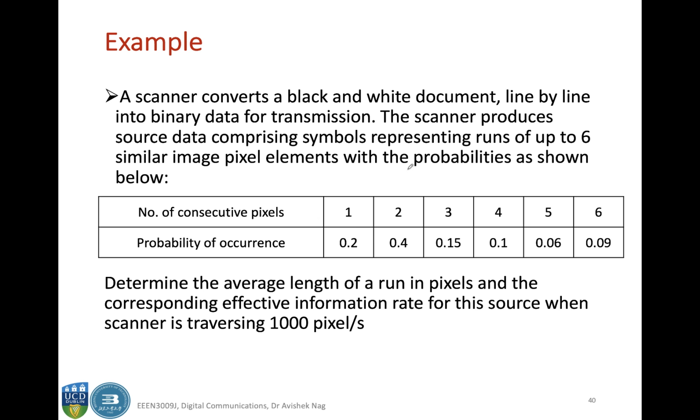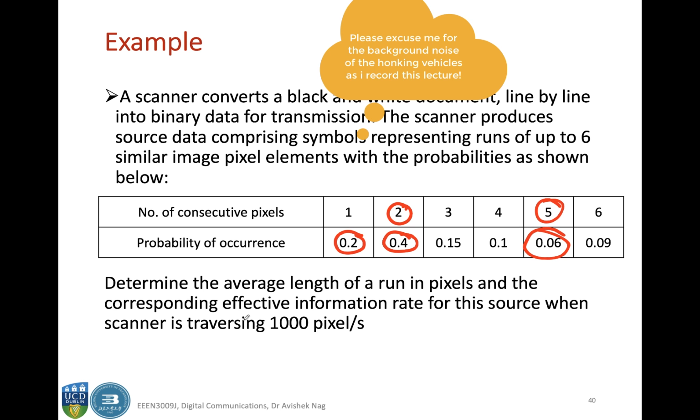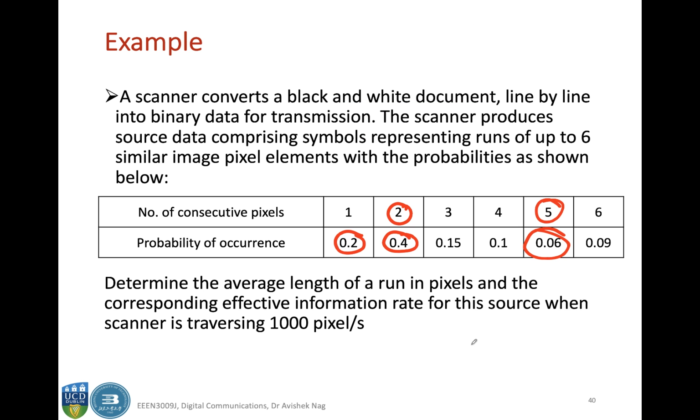One pixel is very frequent, occurring with 0.2 probability. 2 pixels is the maximum occurrence with the highest probability, 0.4. 5 pixels is very less occurring, with 0.06 probability. So you have to determine the average length of a run in pixels and the corresponding effective information rate for the source when the scanner is traversing at 1000 pixels per second.